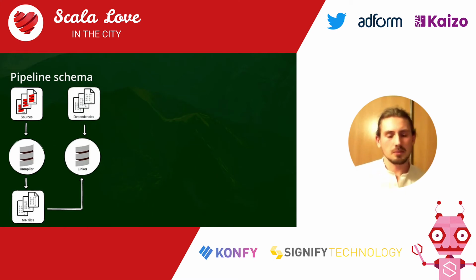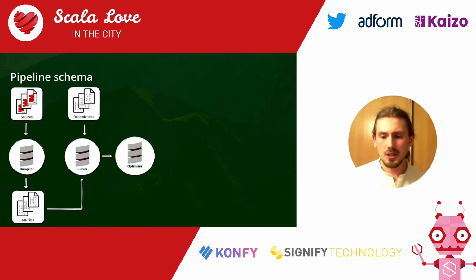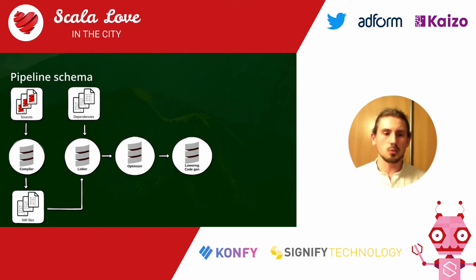In the Sbt plugin part, we have a few phases. The first one is the linker, which joins all the files coming from both external dependencies as well as the output of the compiler. Then we have the optimizer, which optimizes all the code. We have a special phase in which we are injecting code into our scope, as well as lowering all these high-level constructs to sequences of low-level operations.